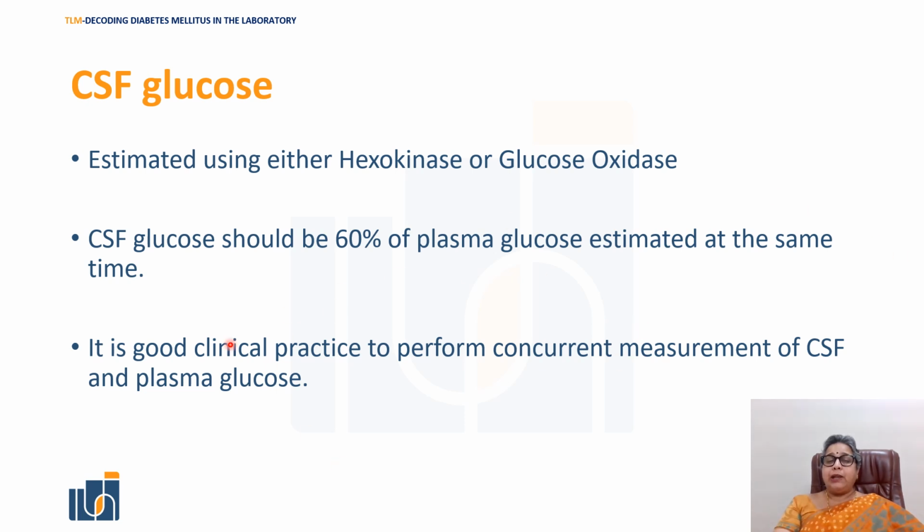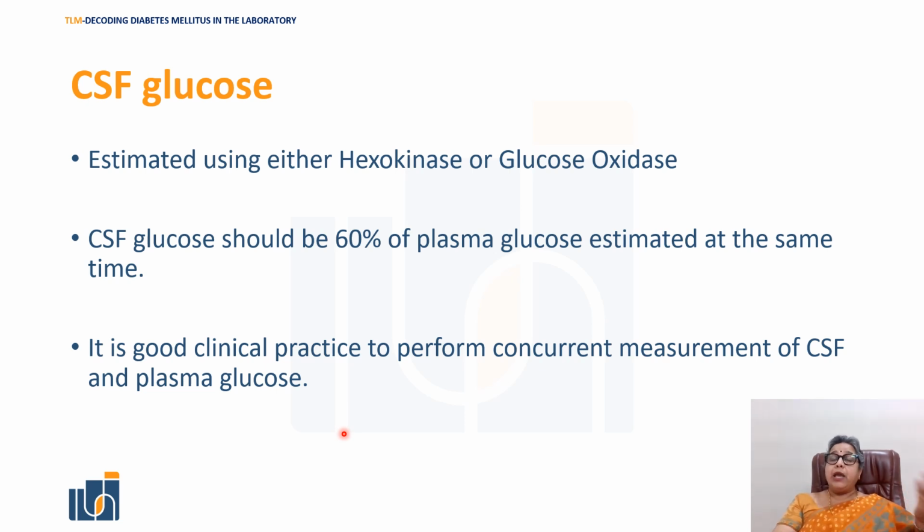So it's good clinical practice to perform concurrent measurement of CSF and plasma glucose. This is something you need to keep at the back of your mind, and you need to ask for a serum or plasma sample to be sent along with the CSF. Many labs don't ask for this, and you just report whatever glucose value you get.